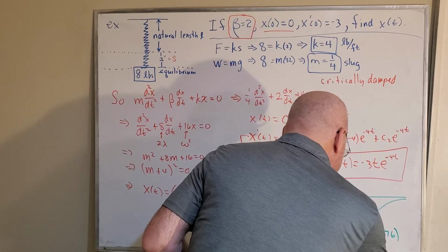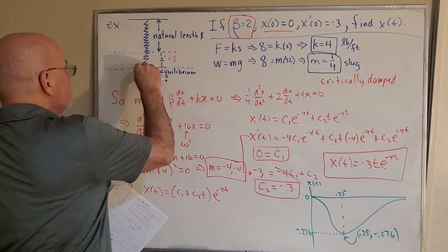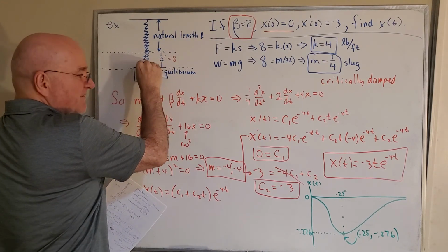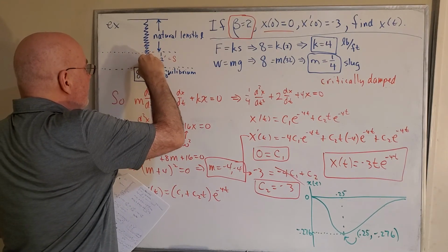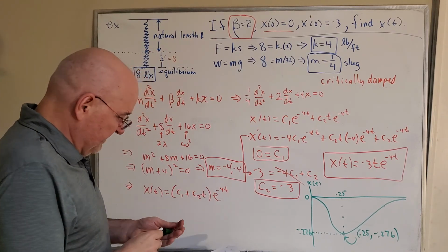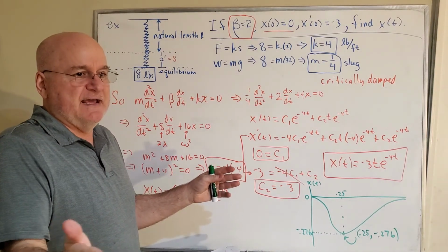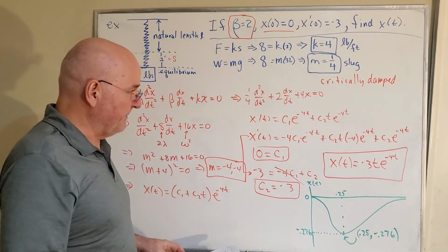That happens to be its peak in the negative direction. So one more time, it just barely goes above equilibrium and then never comes back down. You could picture that as being in such a viscous liquid that it just hardly moves. It's never going to get back to its equilibrium position.